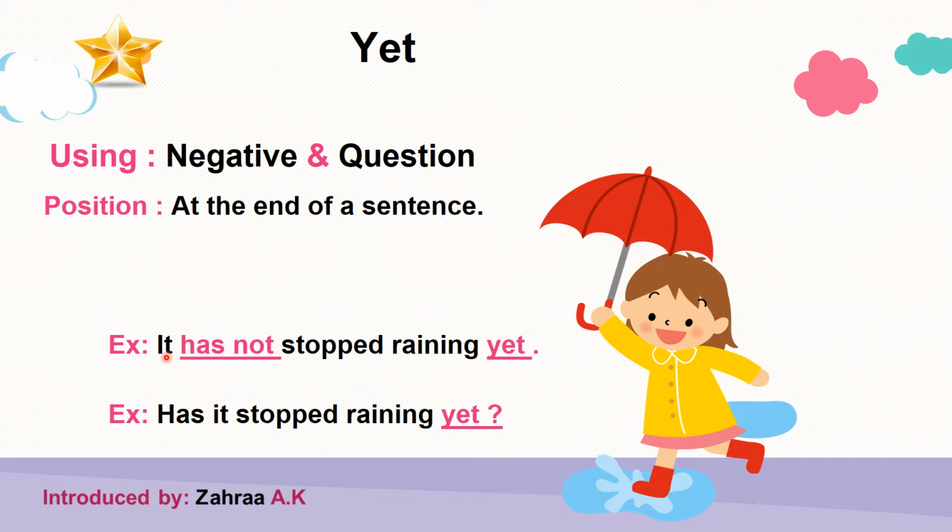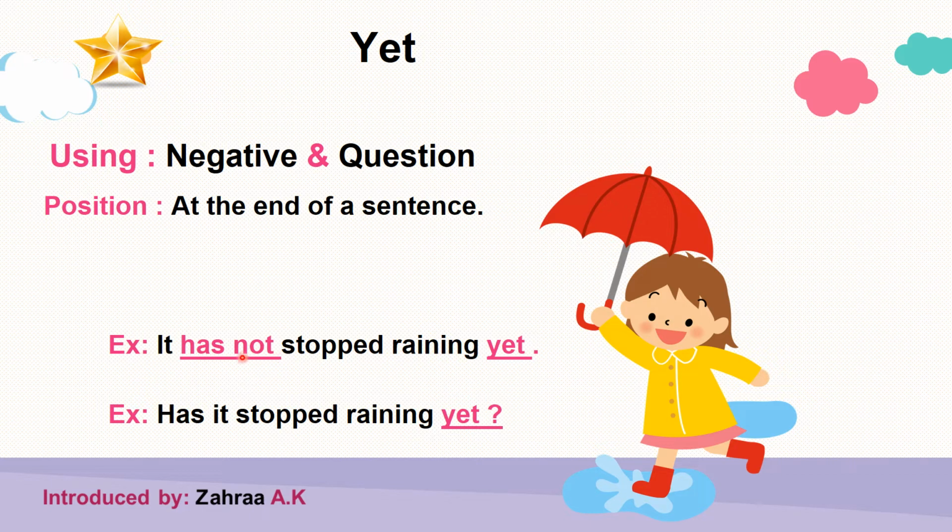Such as: It has not stopped raining yet. فنلاحظ yet at the end of a sentence, and this is a negative sentence.